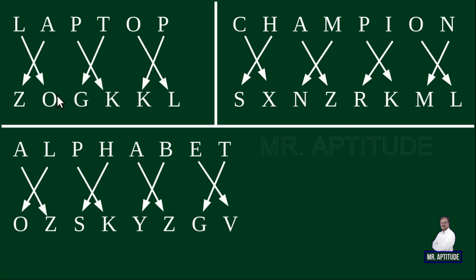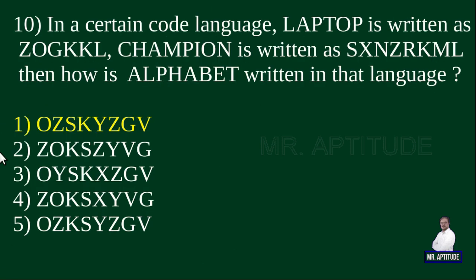L is coded as O, A is coded as Z. In the same way, P and K are related, T and G are related. In the same way, O is related to L, P is related to K. The same thing happened even here. So your answer will be OZ, SK, YZ, ZV. Is it clear? This is your answer for the 10th one.